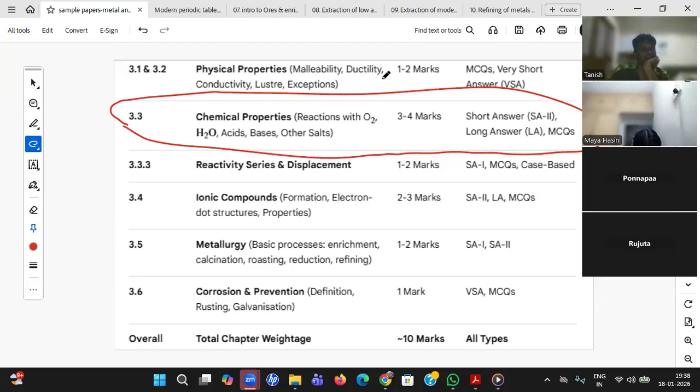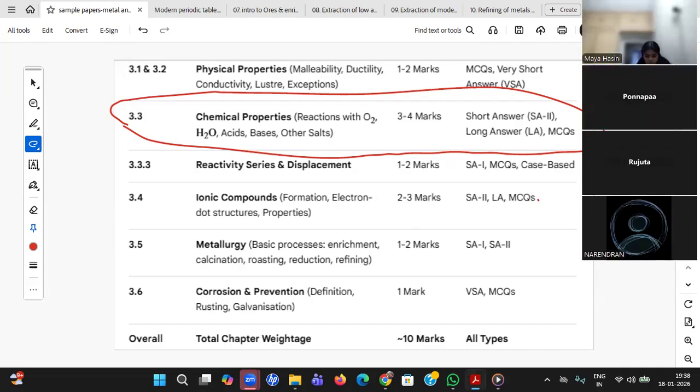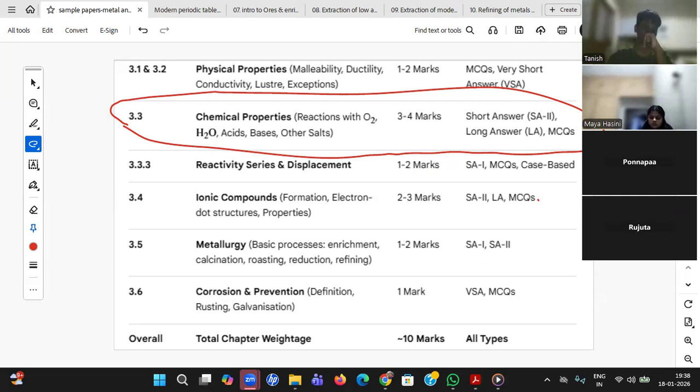Yes, Harshini. Sir, in galvanizing, after we galvanize, even if the zinc layer is gone, the iron will not rust. Why? No, student, I don't think so. Iron goes for rusting.